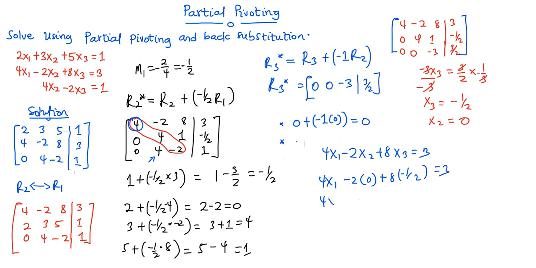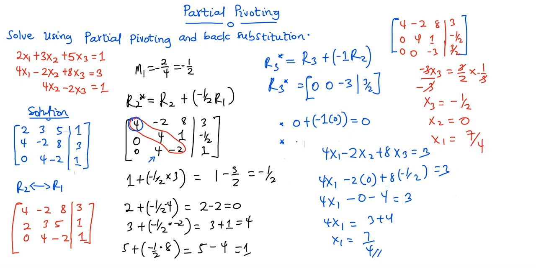So you're going to have 4x1 minus 0 minus 4, and that's equal to 3. So you're going to have 4x1 equal to 3 plus 4. So x1 is equal to 7 on 4. So that will be our x1.